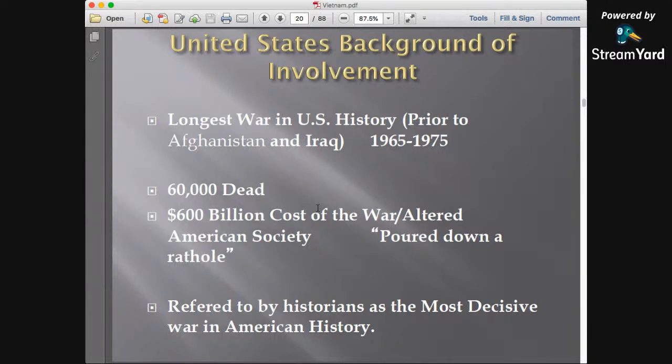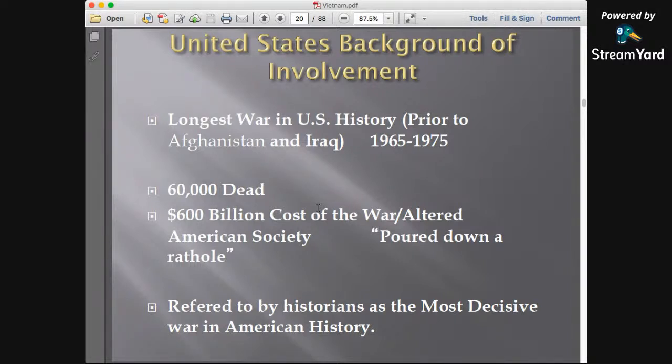Many people said that it altered American society. There was a congressman that said this war was like pouring money down a rat hole, that nothing was going to come of it anyway. It was referred to by historians as the most divisive war in American history. And I definitely believe that.